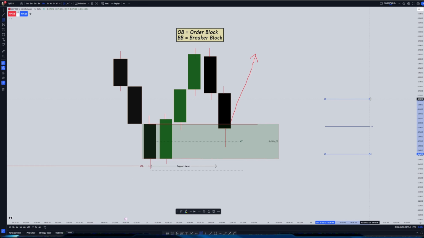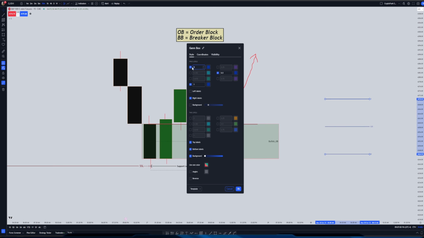So if you have a gun box, you can go there and I will show you the settings that I'm having. I just had the right levels on 1, 0 and 0.5. Now I can add these for added confirmations, because sometimes these are the levels that price respects and reacts from, and that gives us even more confidence that this order block is going to work even better.